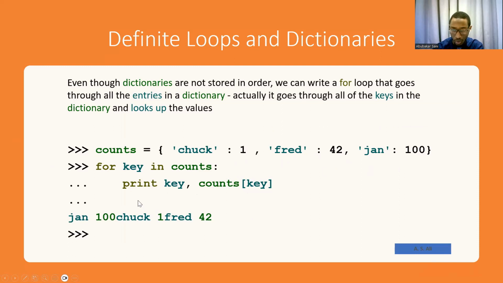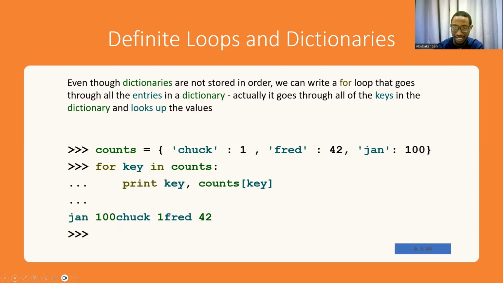If you want to print the keys, which are Chuck, Fred, and John, what you need to do is say for key in counts dot keys, so you can print the key.